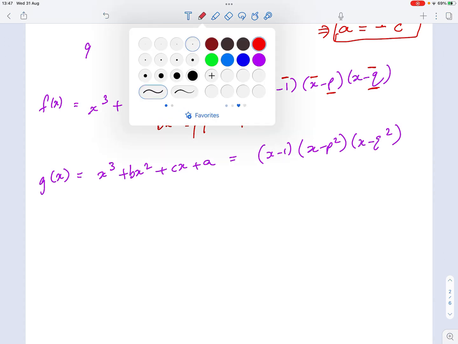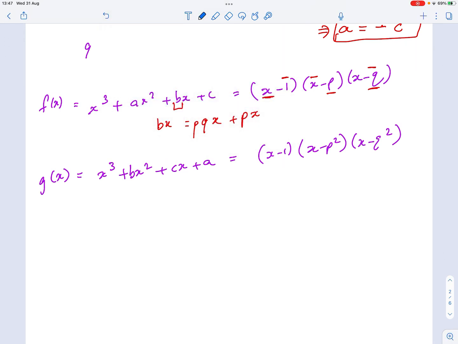Again do the same, let's change the color, and do the same with this x, and then this constant, and then this constant. That's going to give you q. Okay, and then the blue lines I've underlined will give you plus px.